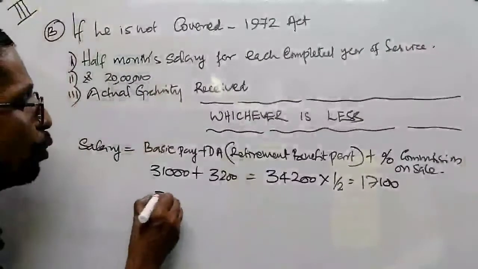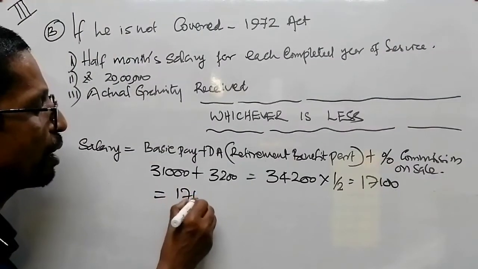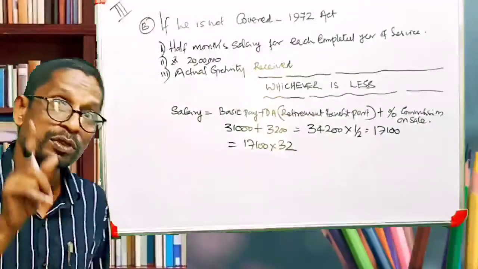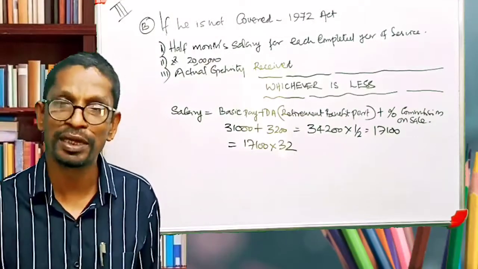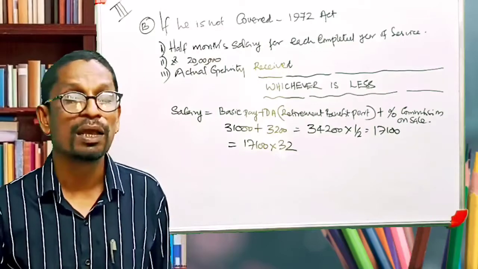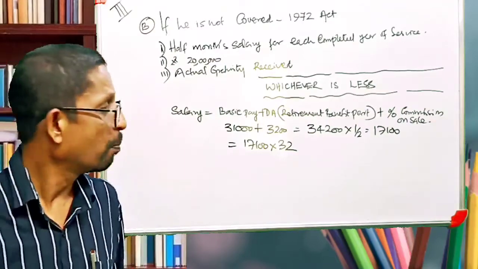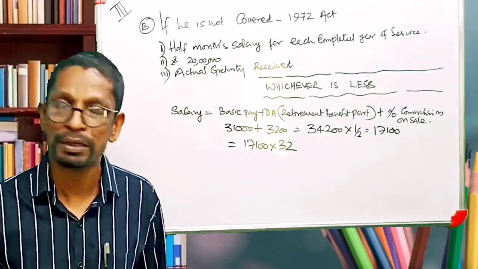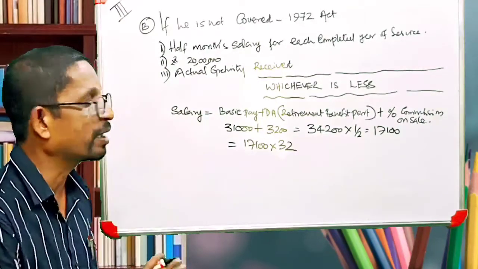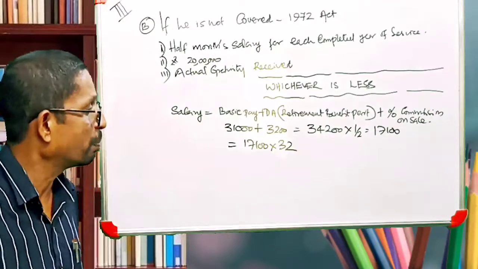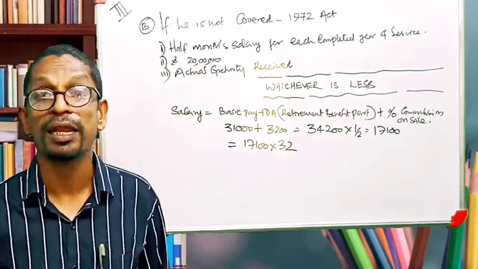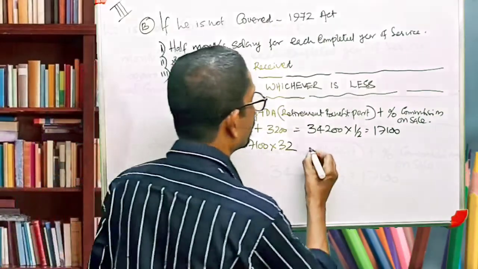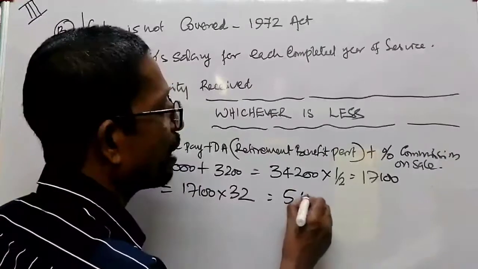Therefore his amount is 17,100 into 32 only. But in the former case it was 33. Why? The Act mentioned that when a person completes more than 6 months in a year, it should be treated as 1 year. But in this category, he is not getting such benefit. So we are taking only 32. This amount is 5,47,200.